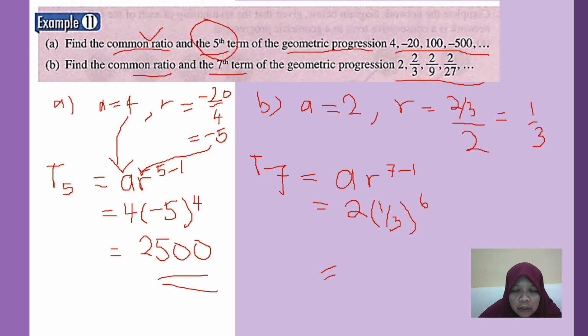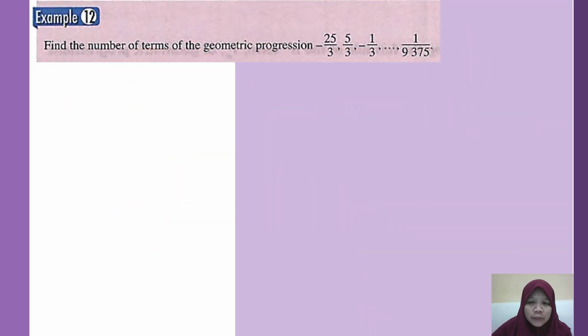Directly use the calculator to get the answer. The final answer is 2 over 729. That's the answer. Now let's try example 12.